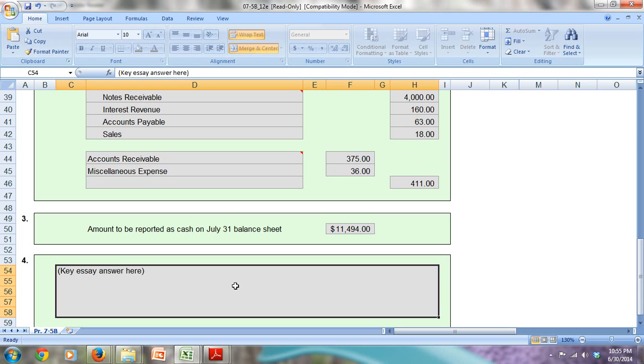And then the bank made the error. They actually took $1,800 out of our account. So the difference between that $180 and that $1,800 should be added back to our account because the bank recorded too much as going out, so they need to add that back on their side. So we're going to call them and say, hey, where's my money? And then they're going to credit our account for the amount.